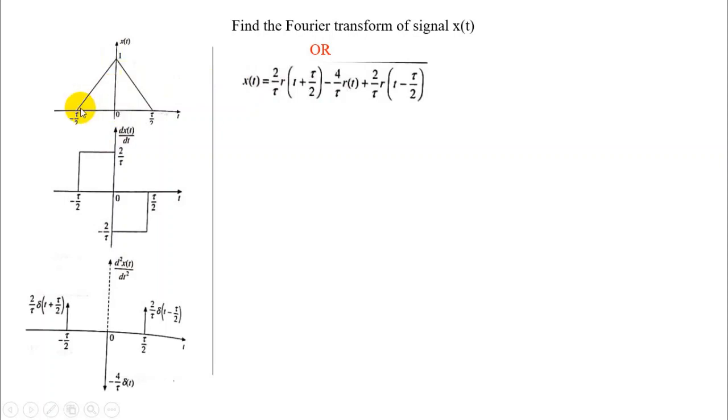This portion can be made by two ramps, having a negative slope at the origin and a positive slope at t/τ. As two ramps having negative slope at the origin, after summing up this portion can be determined.